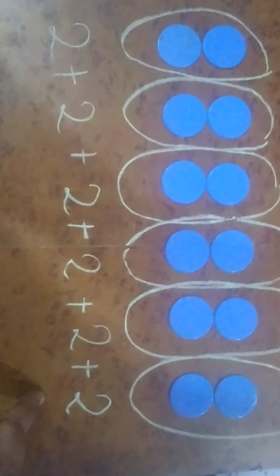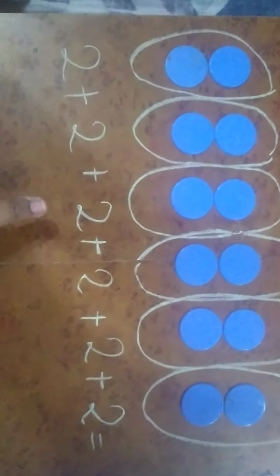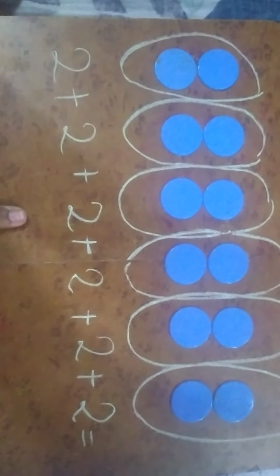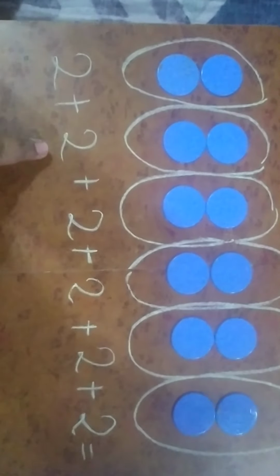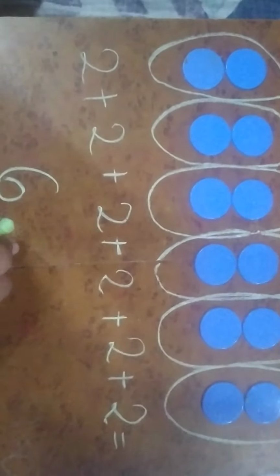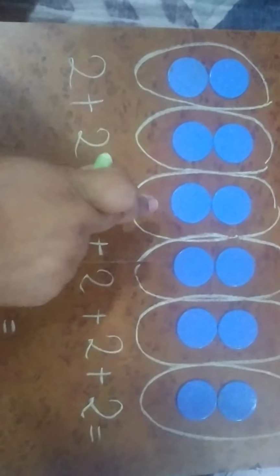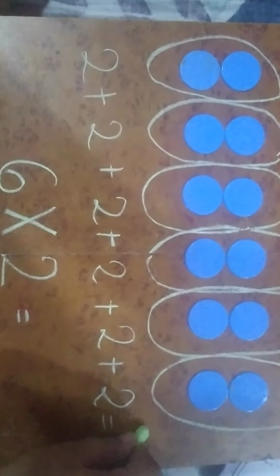Both will go along together. Then we will put an equal to sign. And now we will tell the child to write the multiplication statement. How many times 2? 1, 2, 3, 4, 5, 6. 6 times 2 is equal to 2, 3, 4, 5, 6, 7, 8, 9, 10, 11, 12. So we have 6 times 2 is 12.